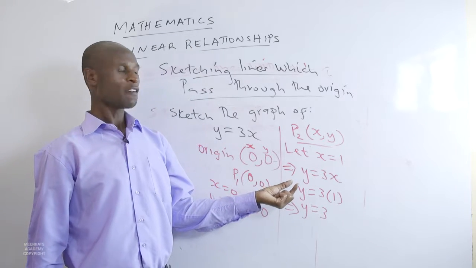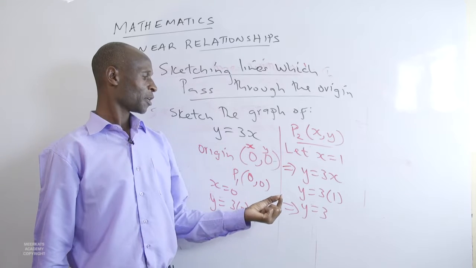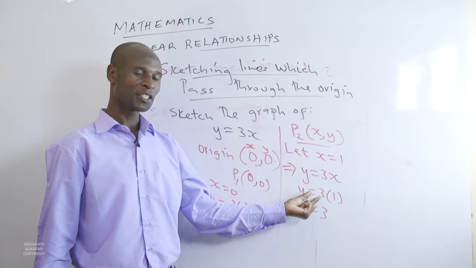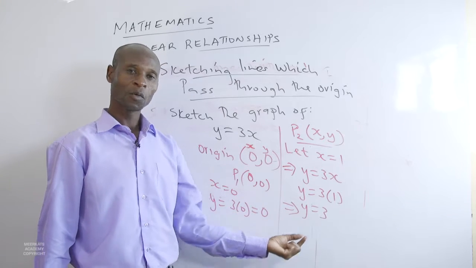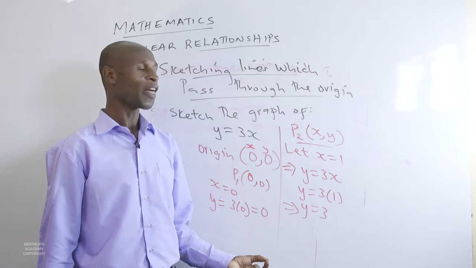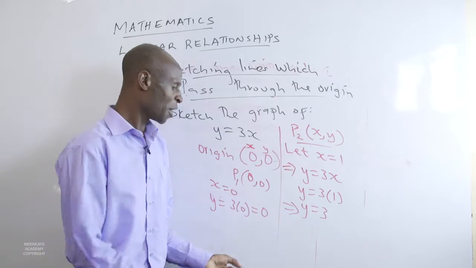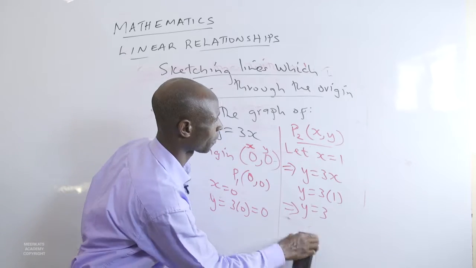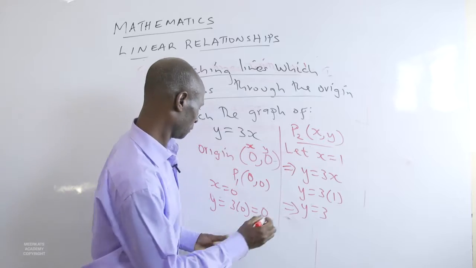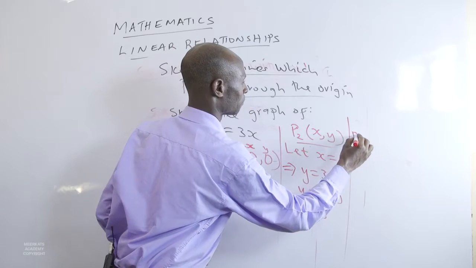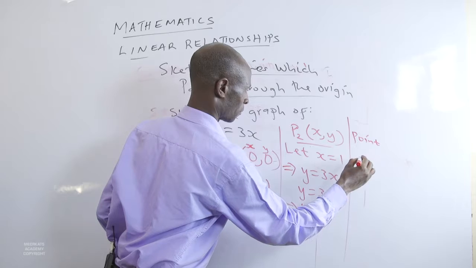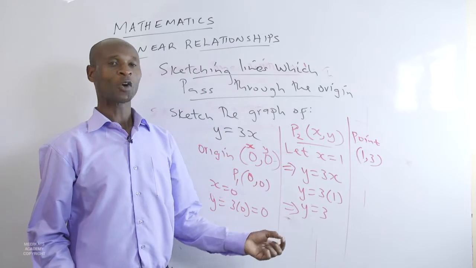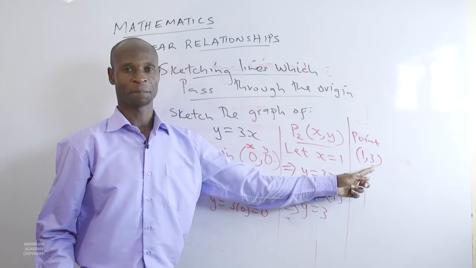When we choose the value of x to be 1, we find that the y value will be equivalent to 3 multiplied by 1, which is equal to 3. And therefore, the point of concern will be 1, 3.